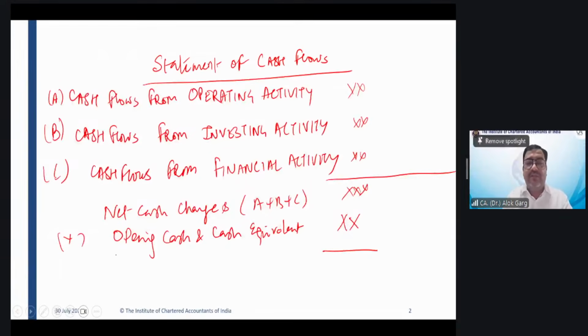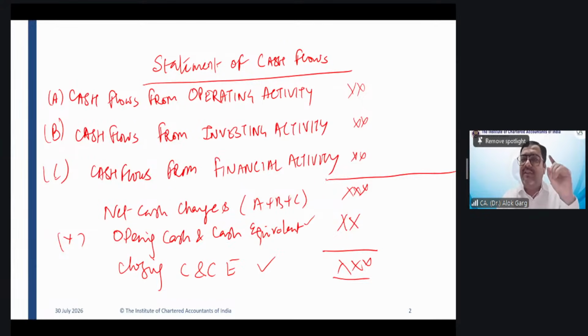This closing cash and cash equivalent and opening cash and cash equivalent should tally with the balance sheet. It will not tally with the balance sheet in one of the cases, which I will discuss with you.